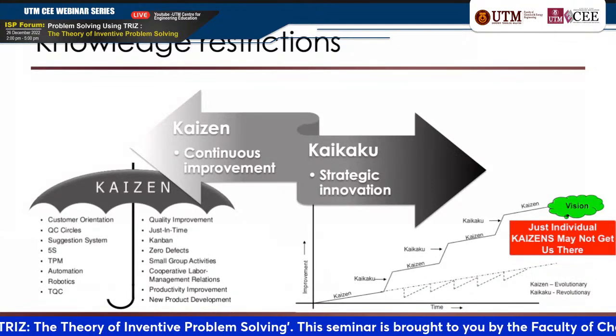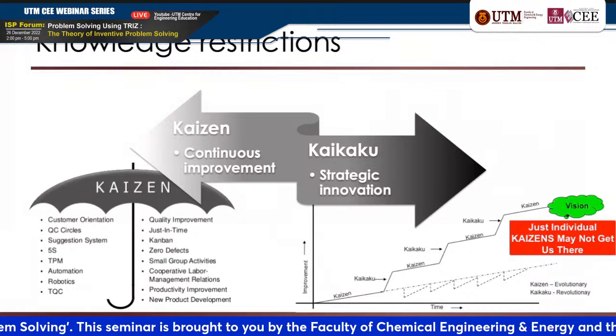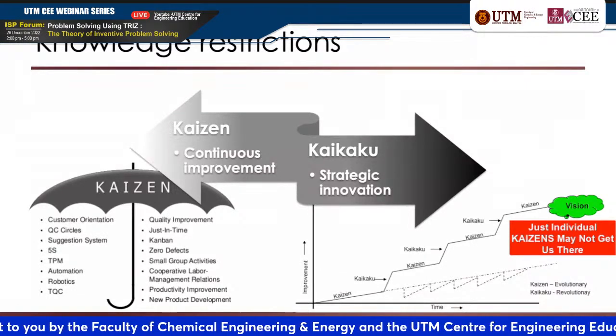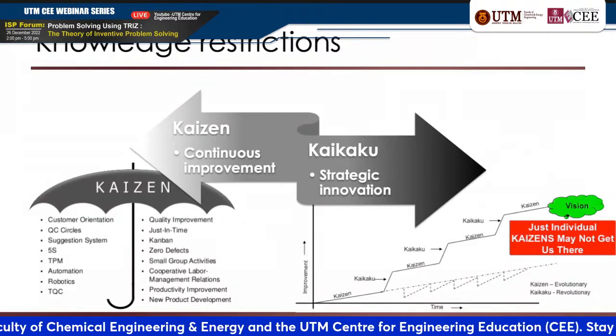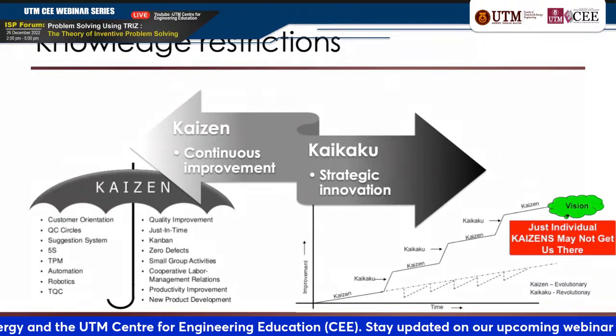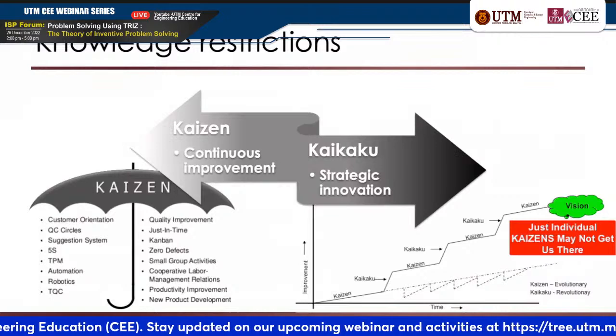They have leap kind of innovation and go over the barriers and issues that they are facing in their organization. So these are the two types of problem solving which are commonly used in Malaysian industry.